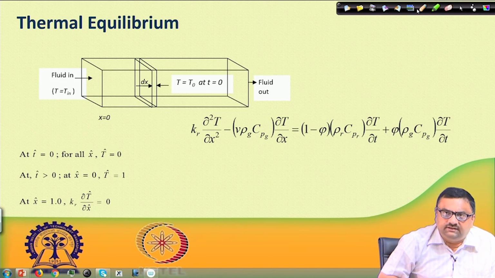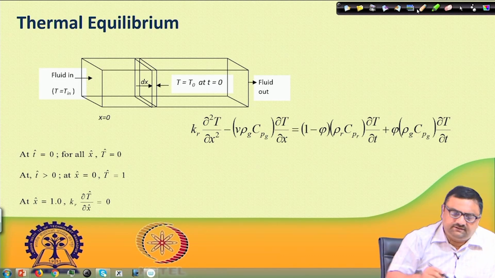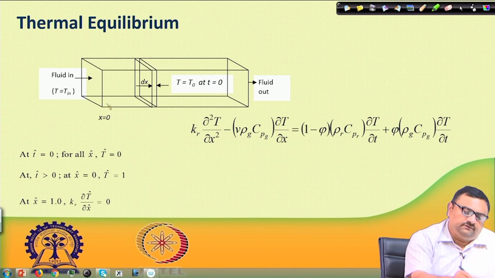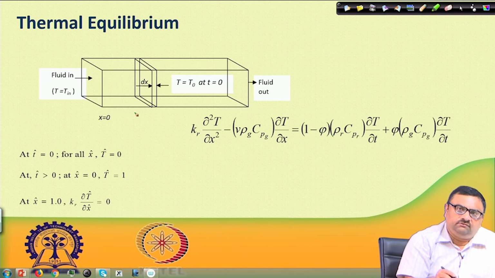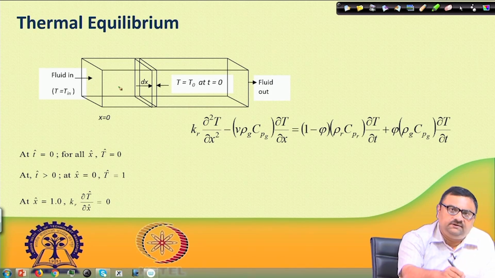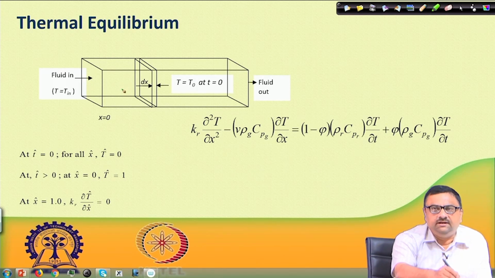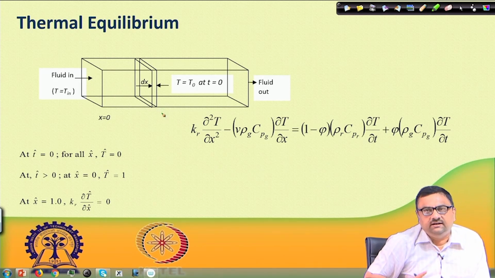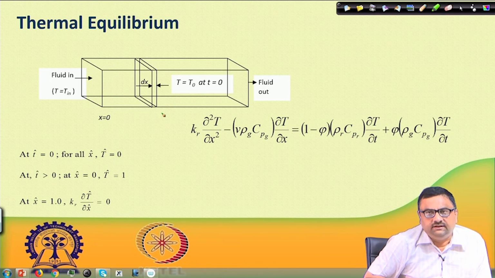So, that means this temperature is shared. Suppose I break this porous medium into thousands of grids. I assume that over these grids the temperature is continuously changing, and whatever temperature I assign to a grid, the fluid that is flowing and the solid are having the same temperature there.